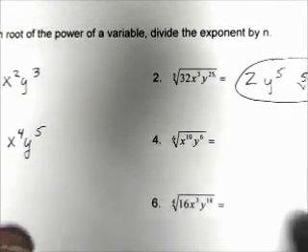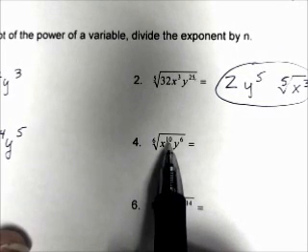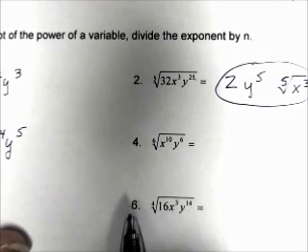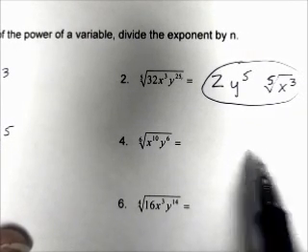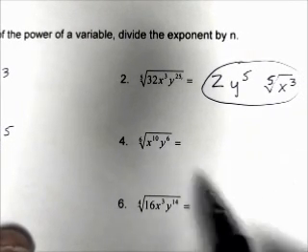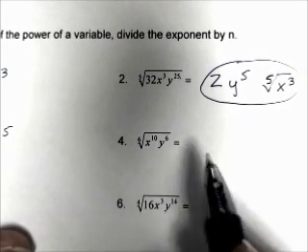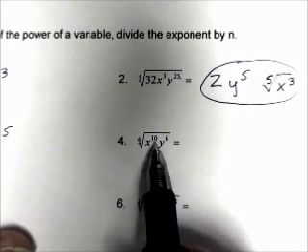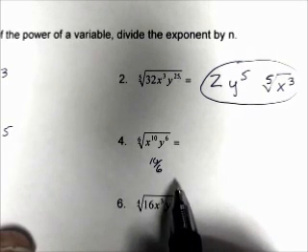Number 4, we're looking for the sixth root. Okay, so we're going to take each variable exponent and divide by 6, and leave the remainder underneath the radical. So the sixth root of x to the 10th, we take the 10, divide it by 6. 6 goes into 10 once.